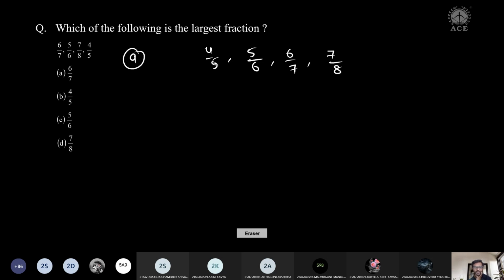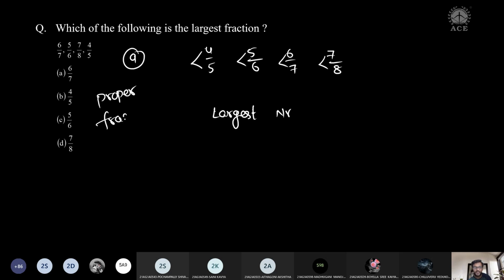Listen, my dear friends, here the difference between numerator and denominator is the same. Okay, in these cases, when the difference between numerator and denominator is the same, the fraction with the largest numerator is the largest fraction. This is what we call a proper fraction, meaning numerator less than denominator. For proper fractions, if the difference between numerator and denominator is the same, then the largest numerator decides the largest fraction.